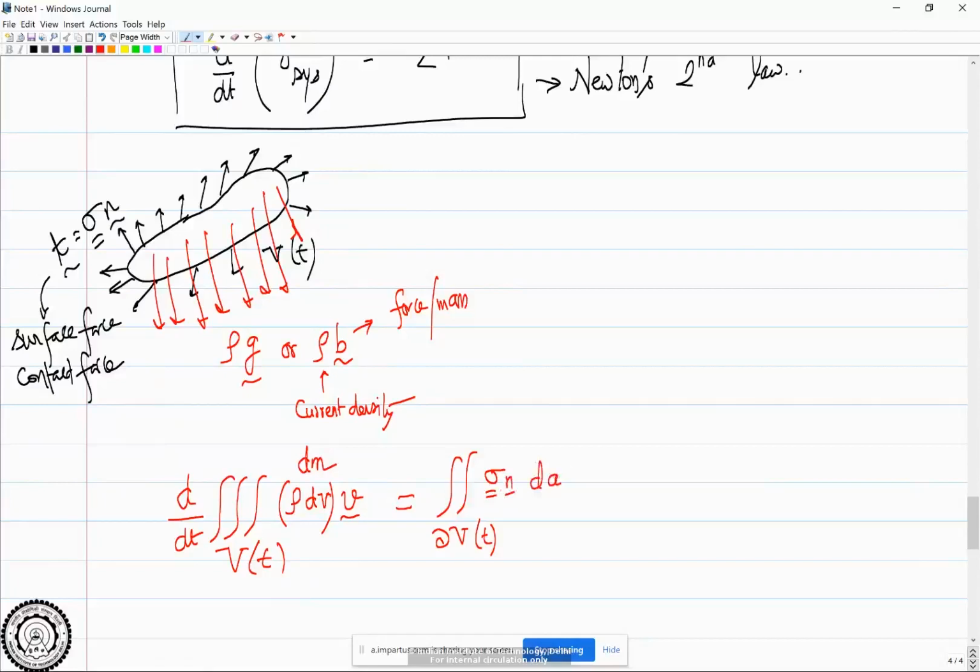And then you have the body force, rho into B into dV.